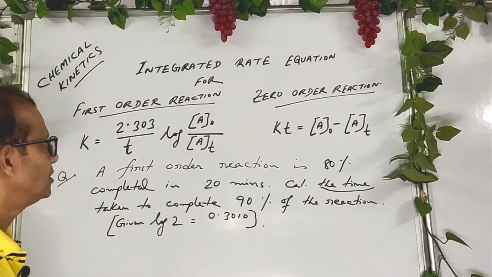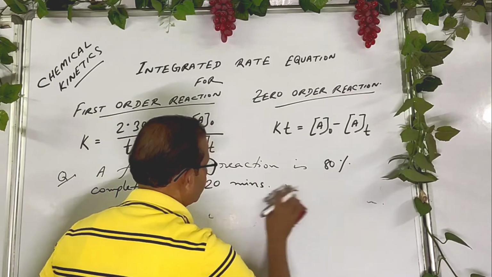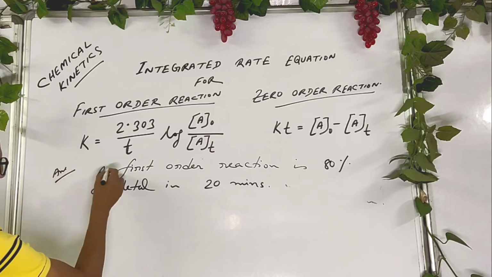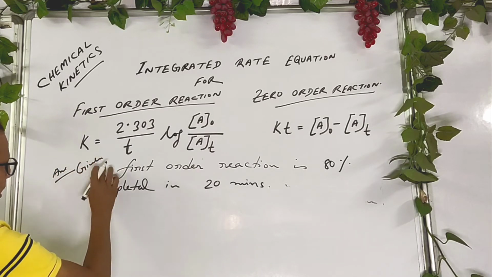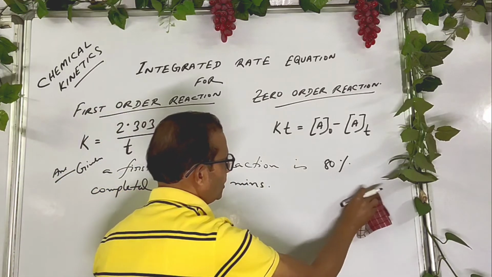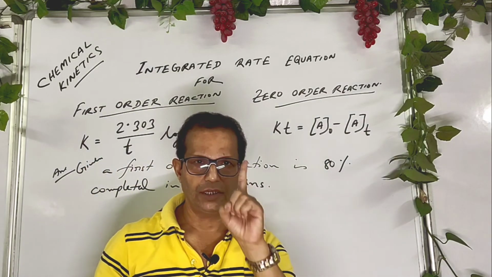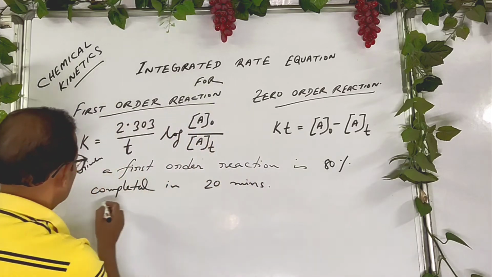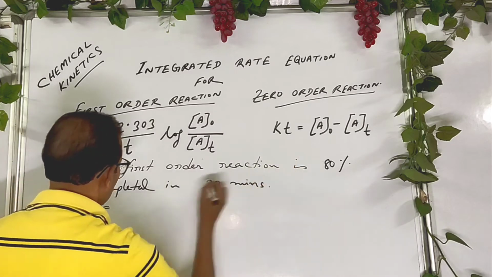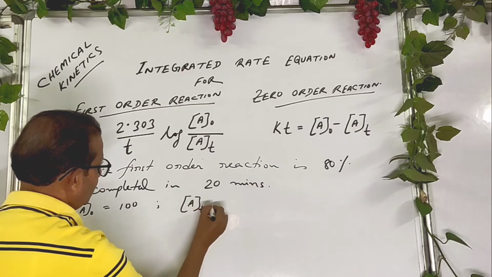A first order reaction is 80% completed in 20 minutes. How to write the answer? So the answer is, this is given. First order reaction is this. I have already told you that if percentage is given, always consider the initial concentration as 100. So initial concentration of reactant is 100, and how much is it remaining?